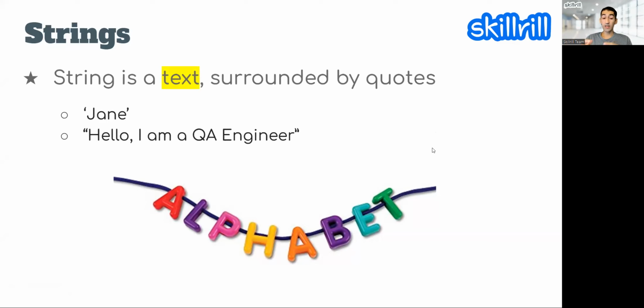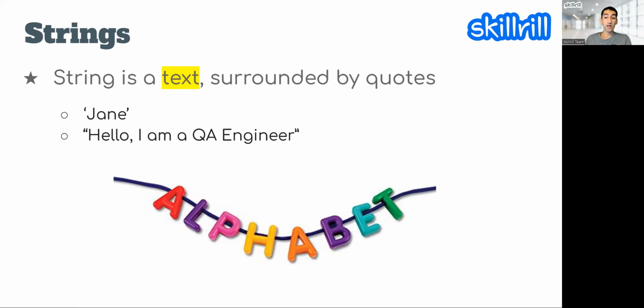Normally, if we give a simpler definition, a string is just text surrounded by quotes, right? For example, a name. Your name would be information that can be categorized as a string, as text. Your age, for example, is not so much a string, because now we're talking about numeric values, or numbers.